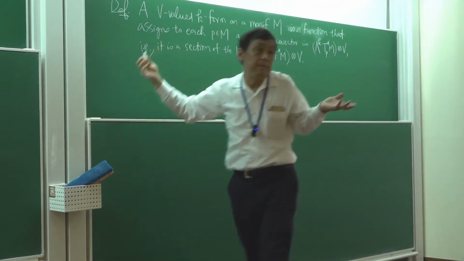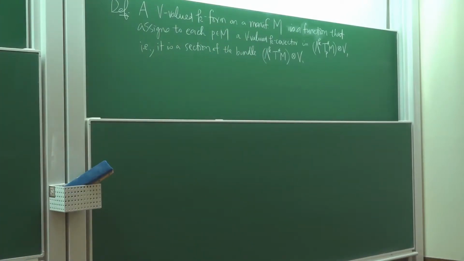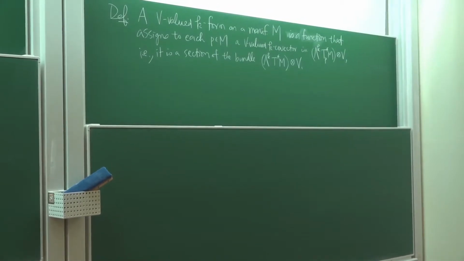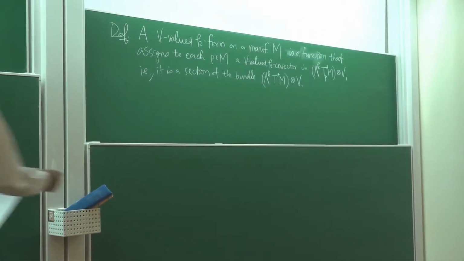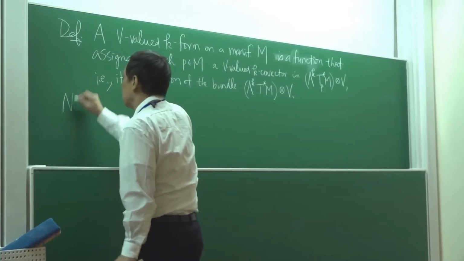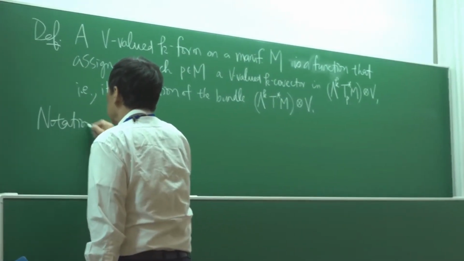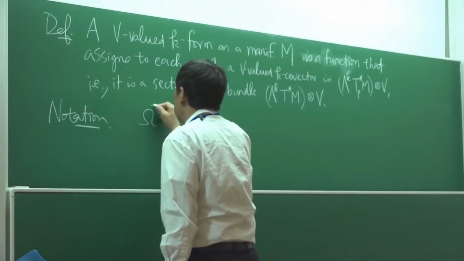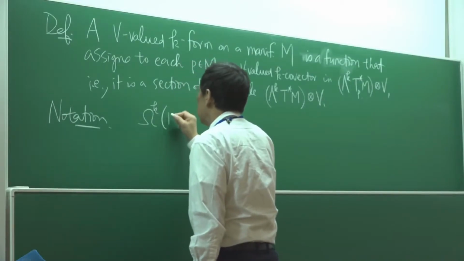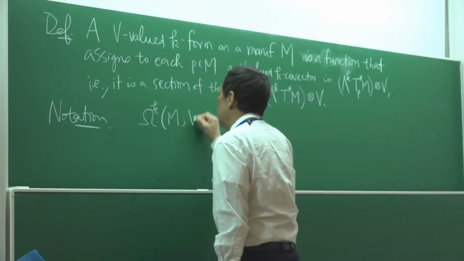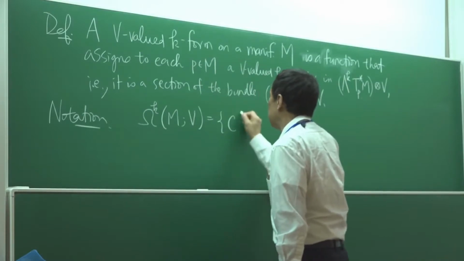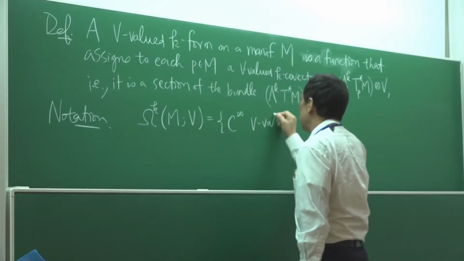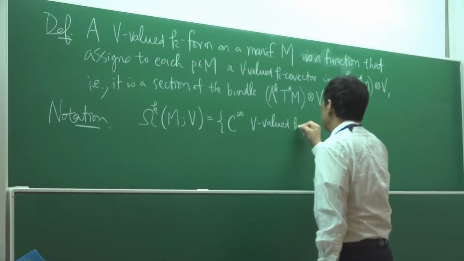And then it's C infinity if it's C infinity as a section. The notation for the C infinity V-valued k-forms is this. These are the C infinity V-valued k-forms.